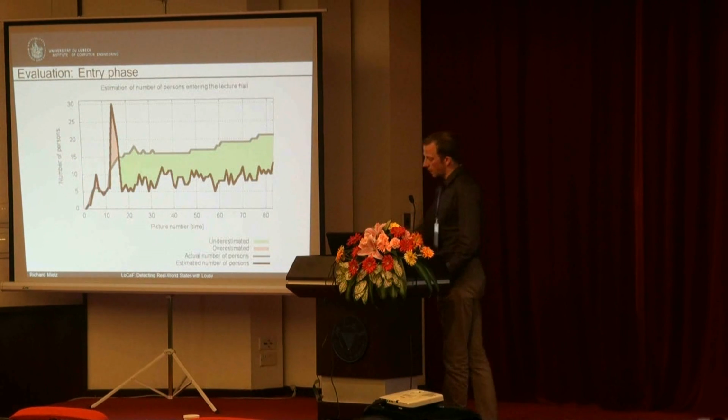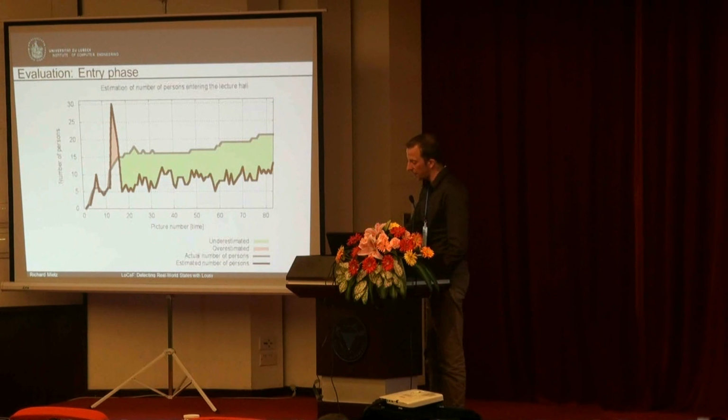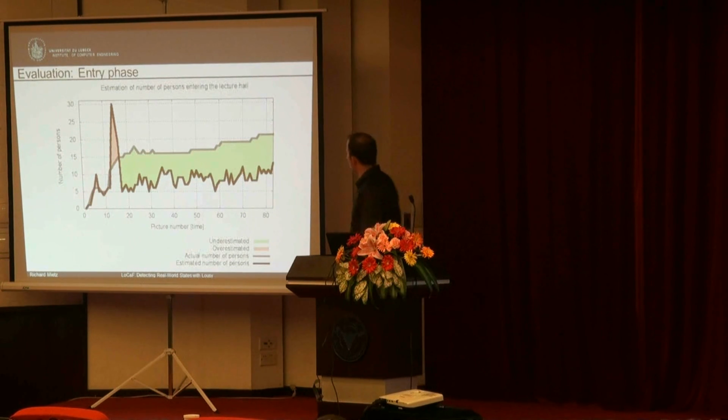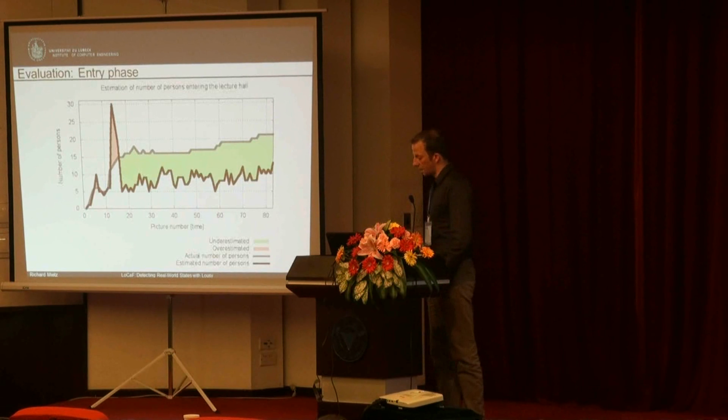So here's the slide from the first phase, so the beginning of the lecture, where the people are entering. We have here the baseline, so the actual number of persons we counted manually. Oh no, this one. This one is the baseline, and this is the estimated number. The green area is the underestimation, and the red area is the overestimation.